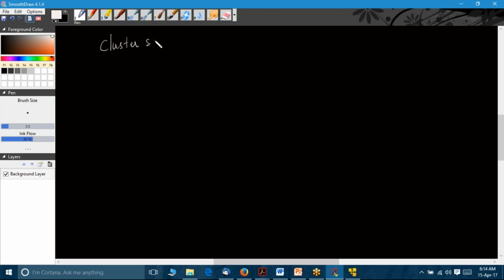So we will try to discuss something about the cluster sizing, how you decide the size of the cluster, and the hardware.